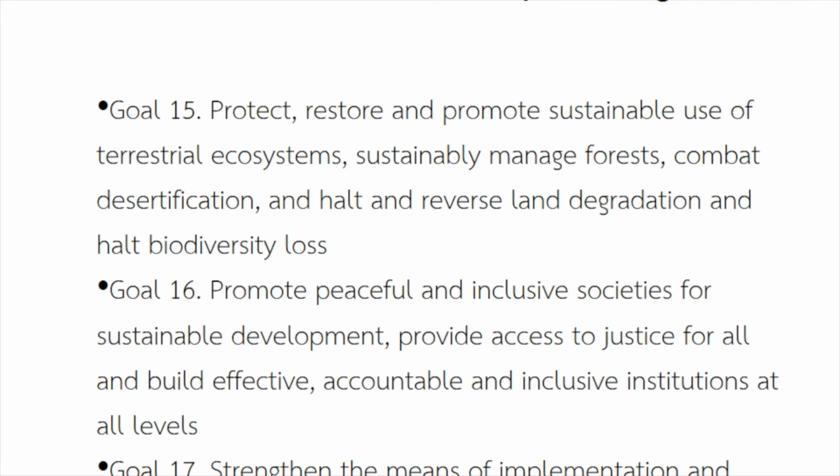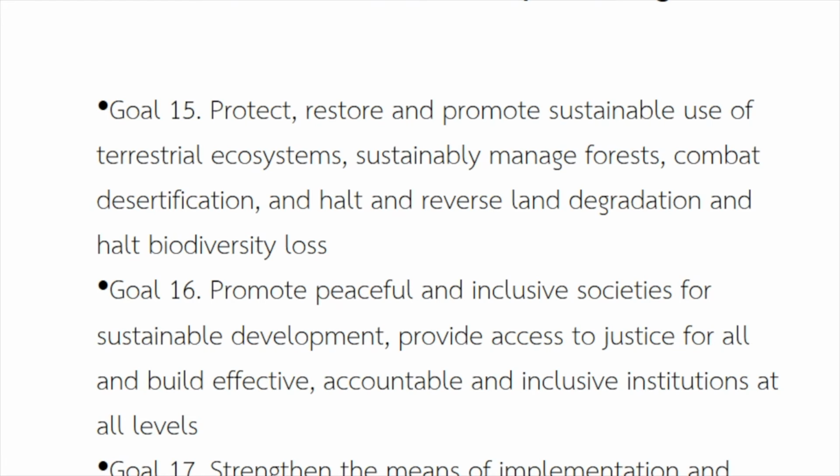We can use forests because they give us wood that we use to produce furniture, to produce paper, or to construct houses. Forests also regulate our global climate, so they are an important part of our effort to control global climate change.